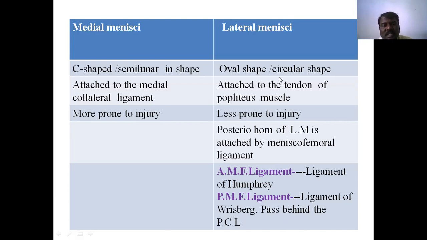Whereas the lateral meniscus is oval or otherwise circular in shape. It is attached to the tendon of the popliteus muscle. It is less prone to injury. The posterior end of the lateral meniscus is attached by the meniscofemoral ligaments. That is the anterior meniscofemoral ligament, the ligament of Humphry, and the posterior meniscofemoral ligament, which we can also call the ligament of Wrisberg.